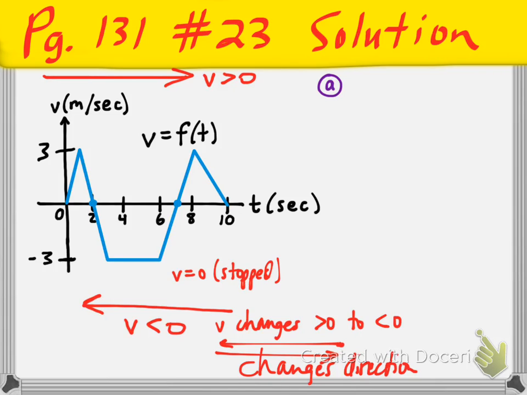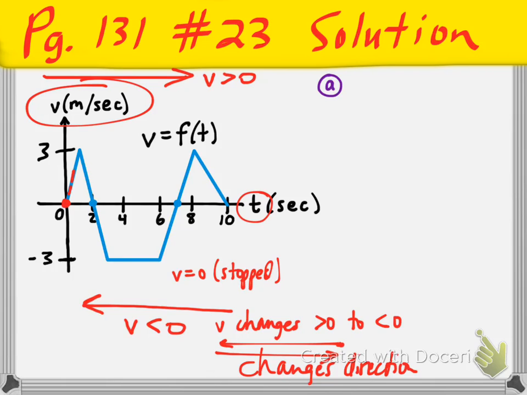The graph shows that the velocity is 0 at time 0. So the particle is stopped at time 0. Notice here that time is the horizontal axis and velocity is the vertical axis.